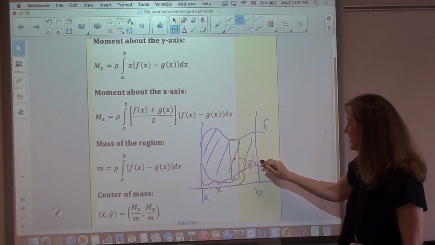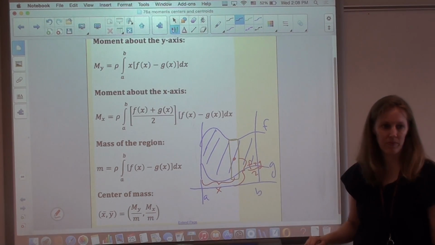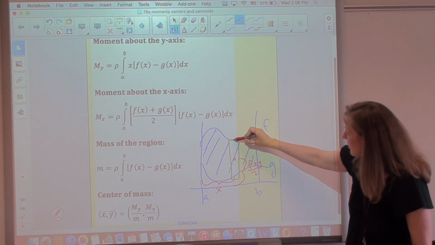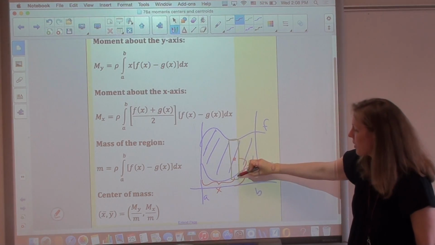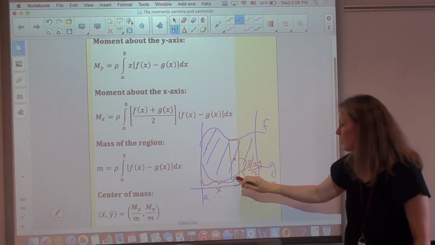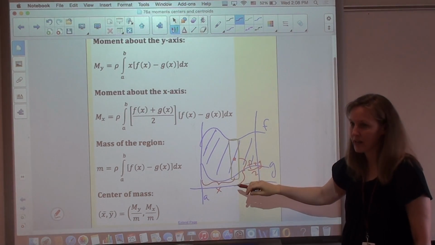It would be f plus g over 2. So this y value is the average of these y's, f plus g over 2. The x value from the x-axis is just x.